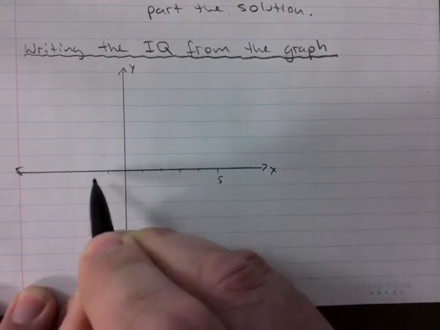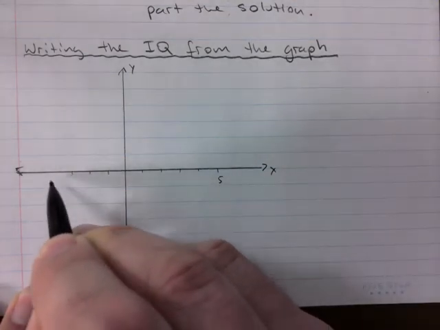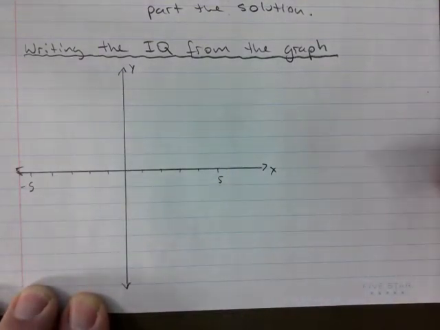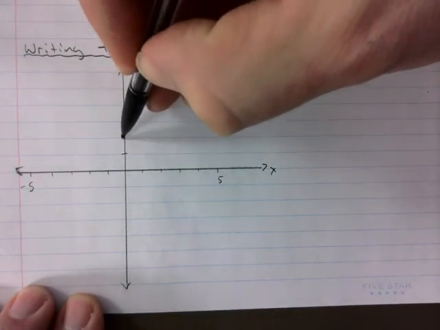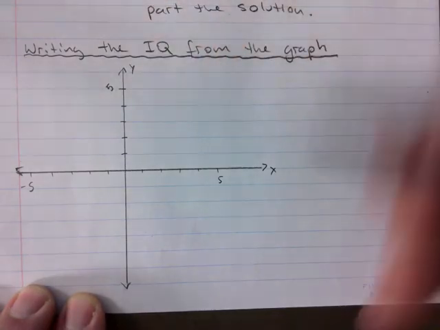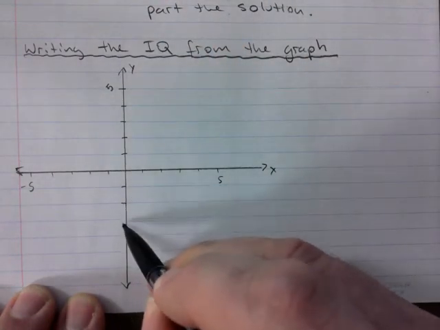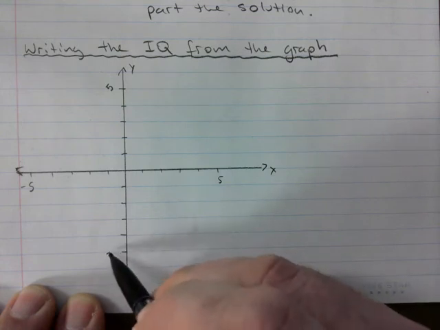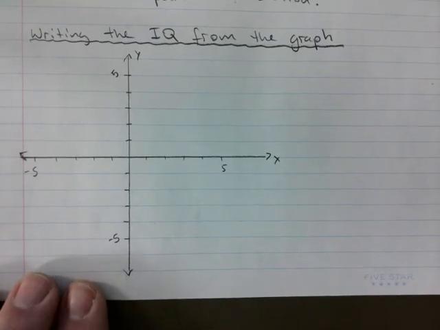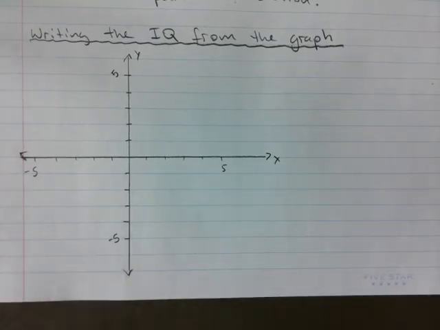And I'm doing the same thing in the negatives, 1, 2, 3, 4, 5. And then I'm using my lines here. I'm going to be specifically telling you some points that I want you to plot on it, so I'm going to give you a little bit of time to get that all ready.